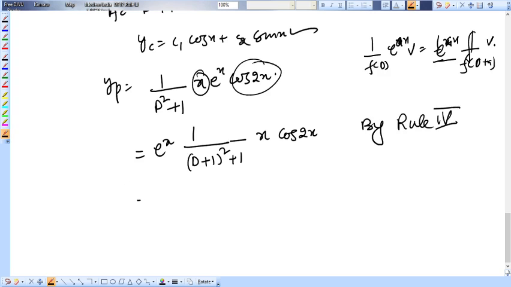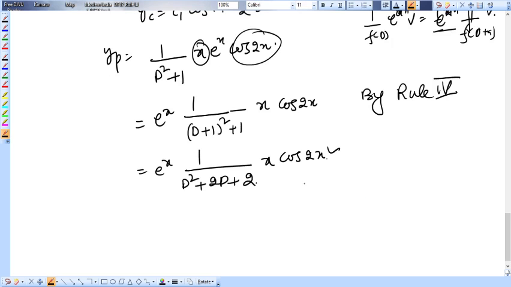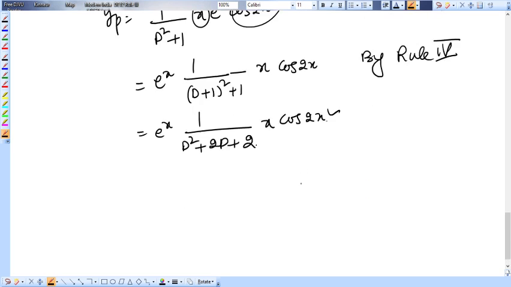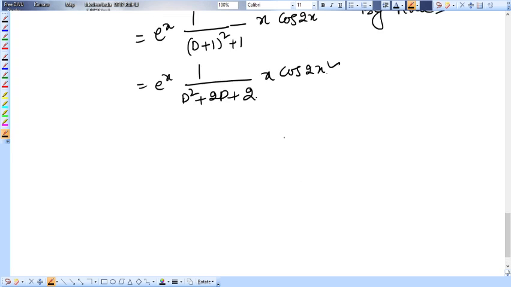So e^x times 1 over (D square plus 2D plus 1 plus 1) of x cos 2x. Now again, it is x into something, it is kind of x into V now, so we will have to apply rule 5.